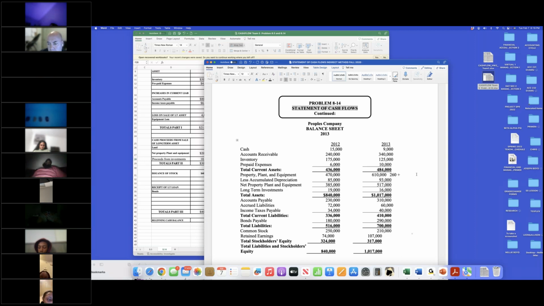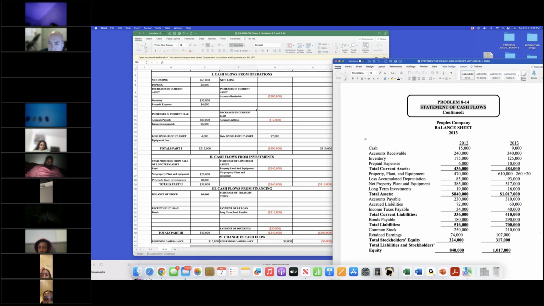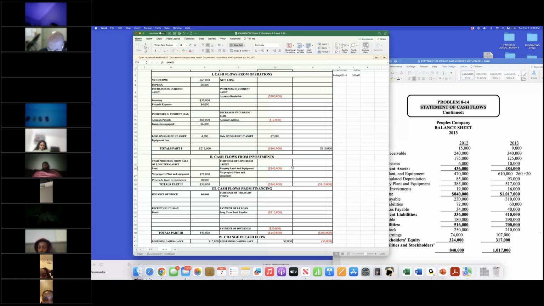So this number should be over here. New equipment should be somewhere in the neighborhood of 280. So this is just a thought one for you to work with. Put those changes in, everything else should be the same, and we should be okay.